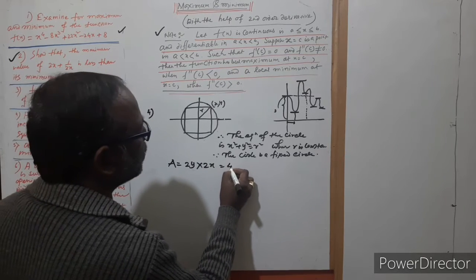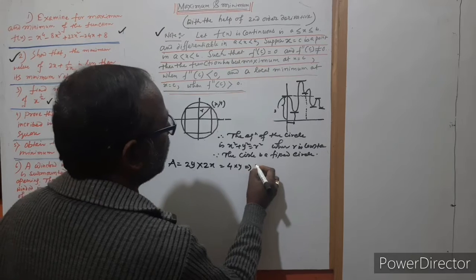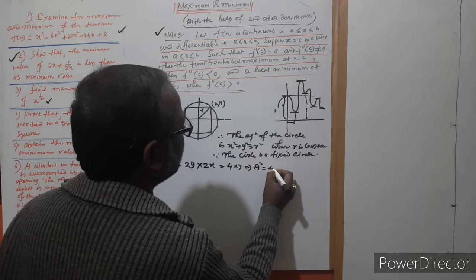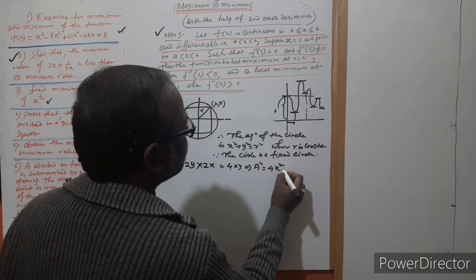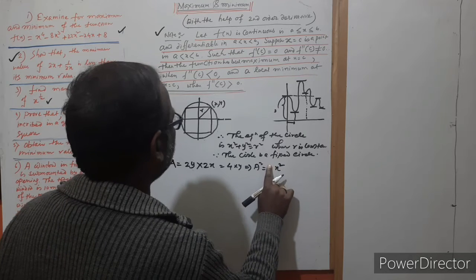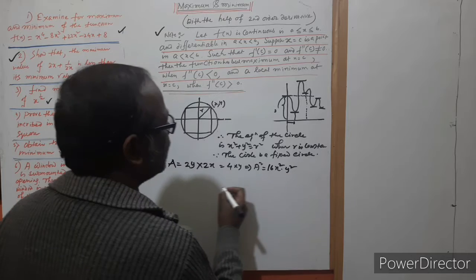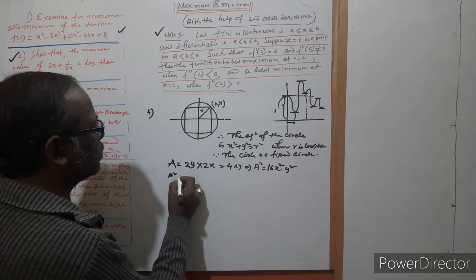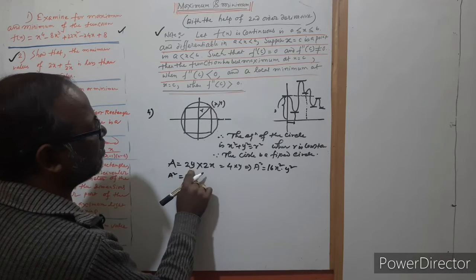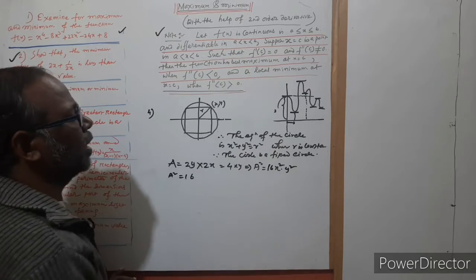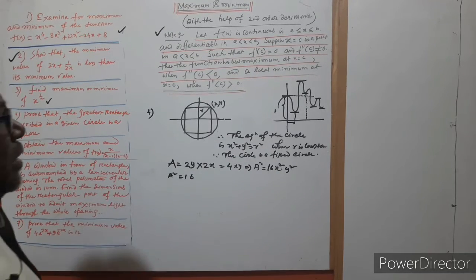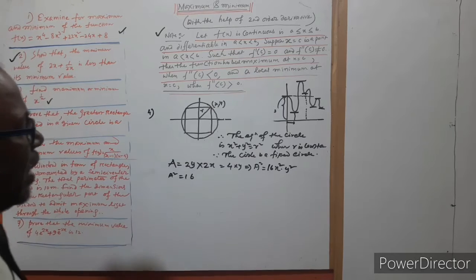So A is equal to 4xy, which implies that A square is equal to, sorry, this is not a 4, this is 16 x square y square. Students, be careful. Why are we doing A square? If we put the value of y, it will be a root, so there is some problem differentiating on both sides.